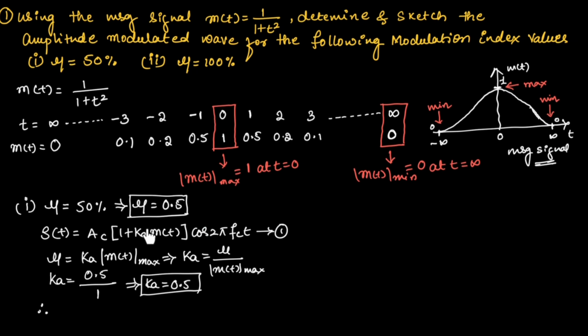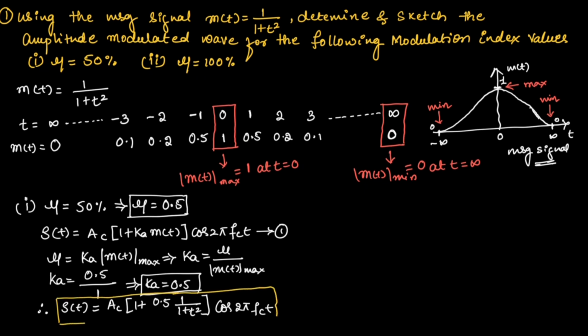Therefore, in place of Ka, we can write 0.5, and in place of m of t, we can write 1 divided by 1 plus t square. Therefore, the AM modulated signal can be written as s of t is equal to AC into 1 plus 0.5 into 1 divided by 1 plus t square into cos 2 pi fct. So this is the amplitude modulated wave for mu is equal to 0.5.